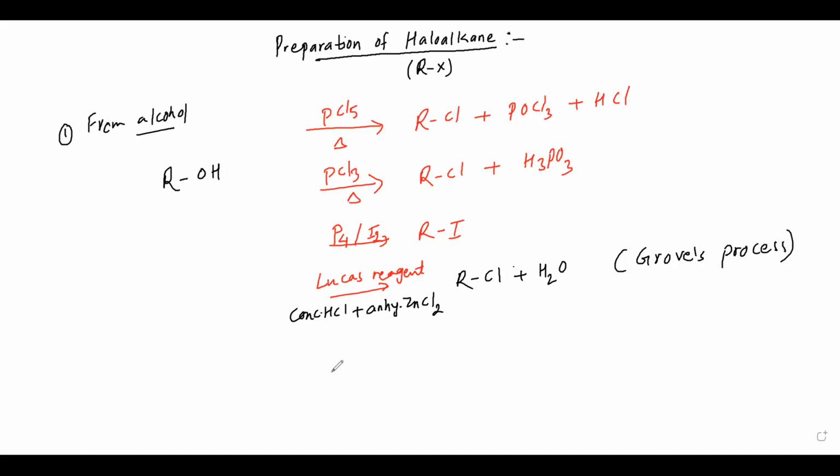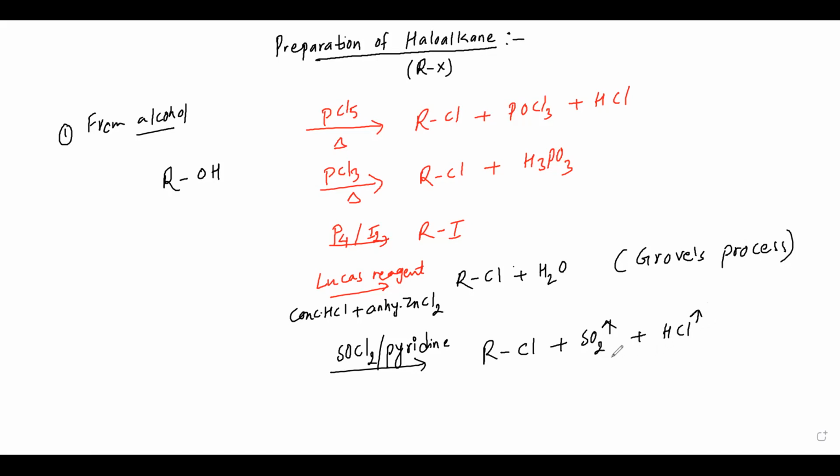Next method of preparation from alcohol: when alcohol reacts with thionyl chloride in presence of pyridine. Very important reaction. Then haloalkane is formed, that is RCl, and the minor products are sulfur dioxide, which is in gaseous form, and also hydrochloric acid, which is also in gaseous form.